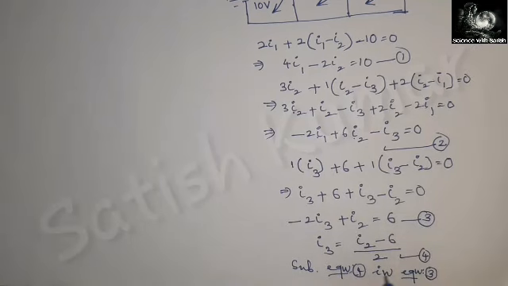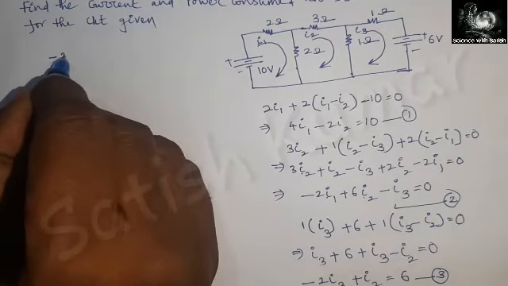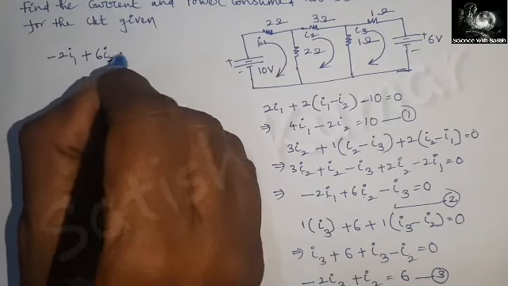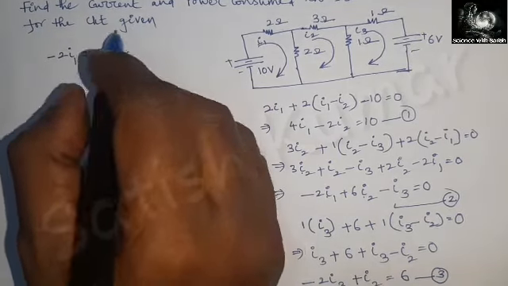So, substituting equation 4 in equation 2, I get minus 2I1 plus 6I2 minus I3.